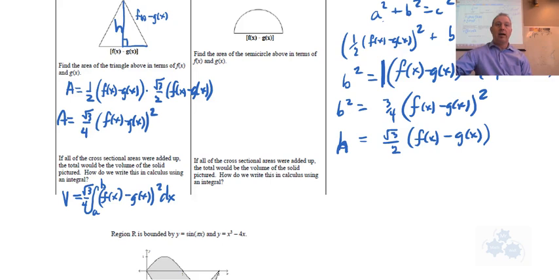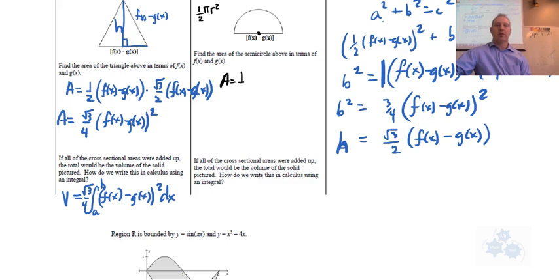Okay, I'll do this one in a different color here with the semicircle. So the area of the semicircle above in terms of f of x and g of x, well, the area of a full circle is pi r squared, right? So I guess this would have to be 1/2 pi r squared. And r is going to be 1/2 of f of x minus g of x.